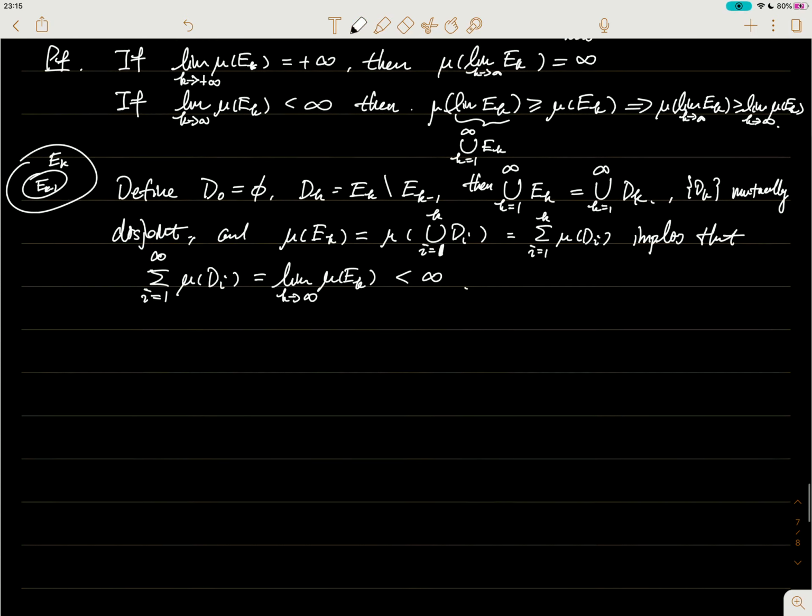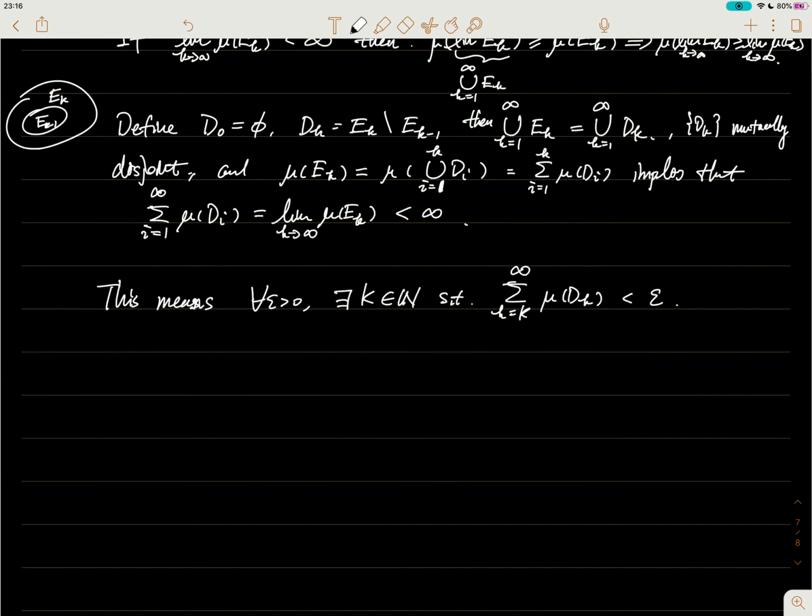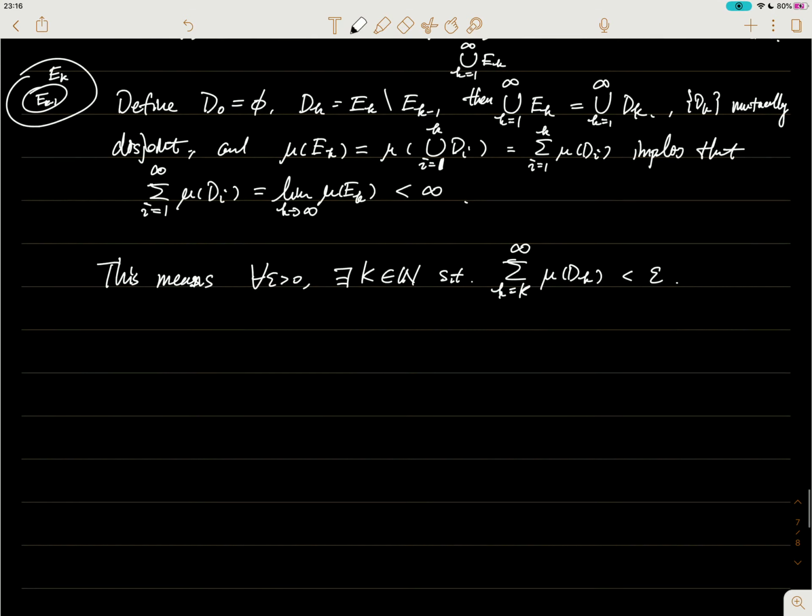That means for any epsilon, there exists K large enough such that the sum from capital K to infinity of mu of Dk should be less than epsilon, right? So the tail must be arbitrarily small. For any epsilon, the tail can be smaller than this epsilon for capital K large enough.